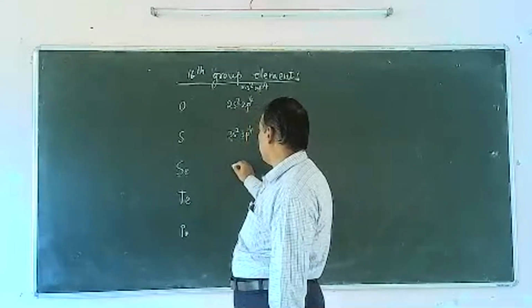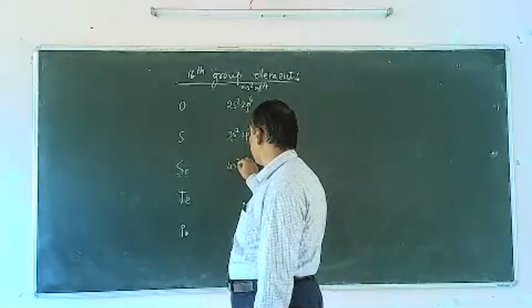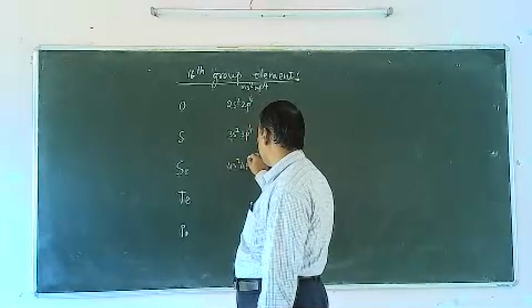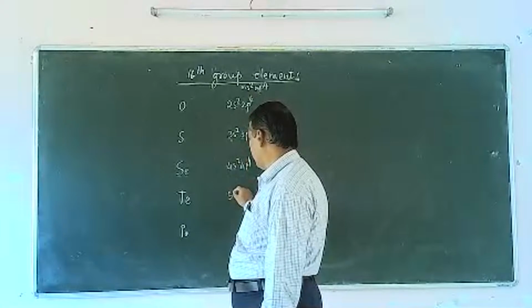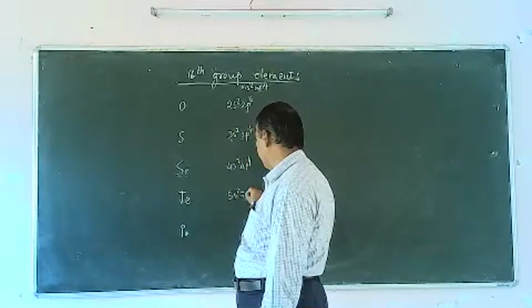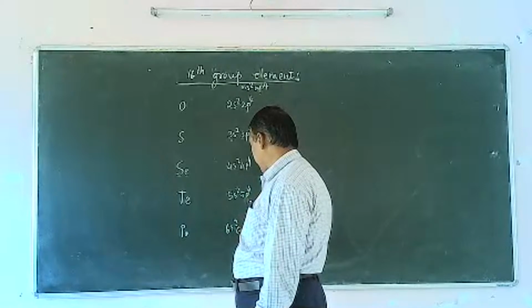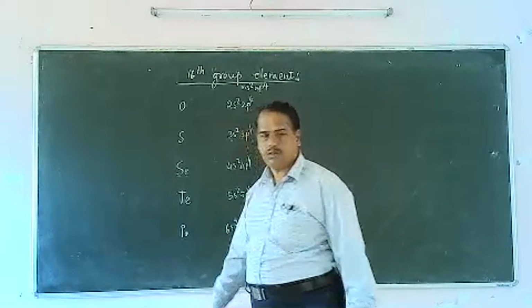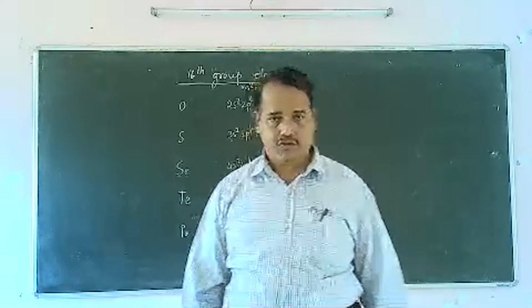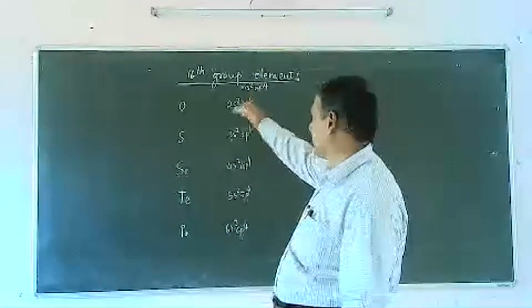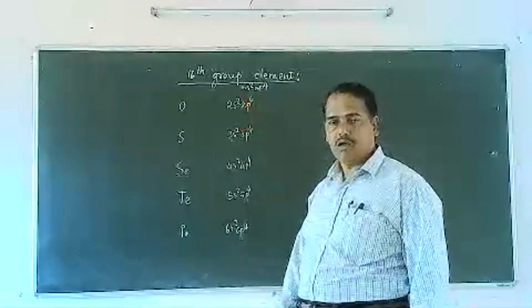Again selenium 4s2 4p4. Again 5s2 5p4, 6s2 6p4. Are you clear? So this is the general electronic configuration of the respective elements.